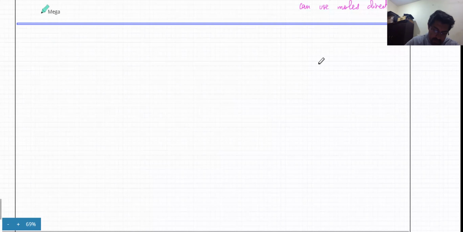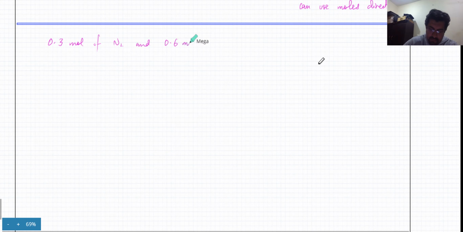So you have a question in which you have, let's say, 0.3 moles of N2, 0.6 moles of H2, and 0.5 moles of NH3 mixed together. Remember, equilibrium can shift forward, it can shift backward as well.